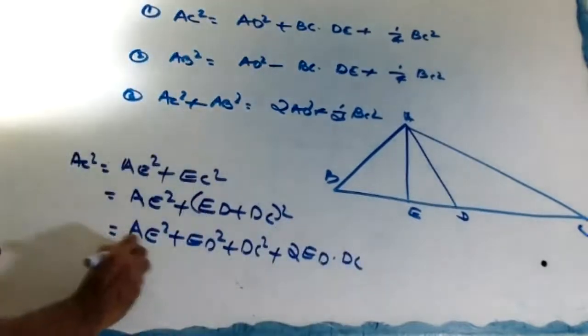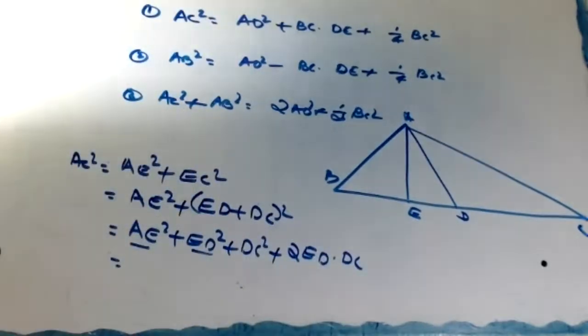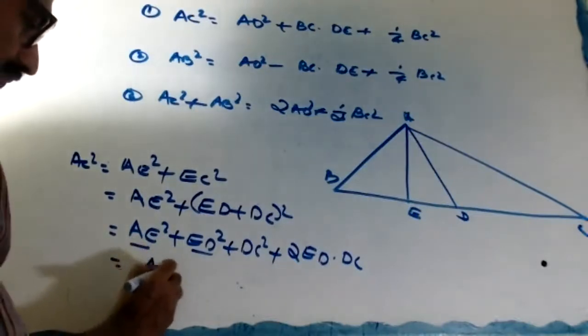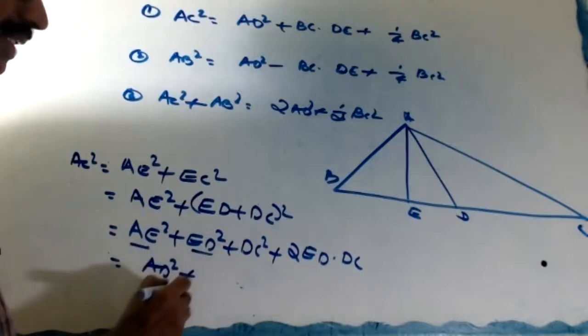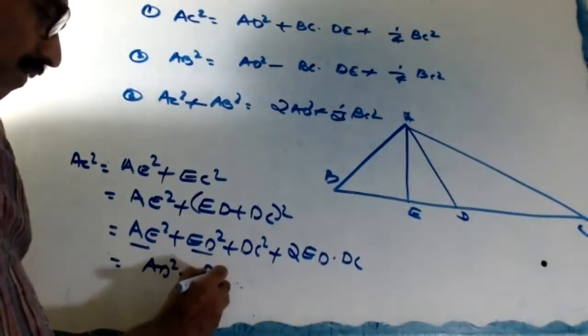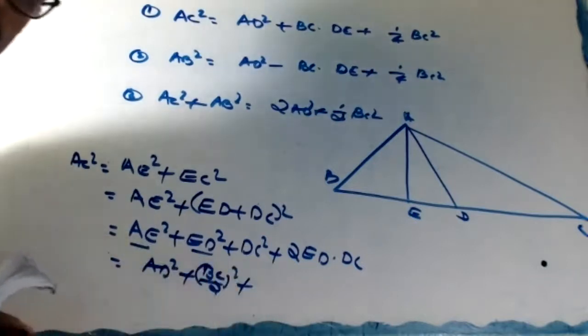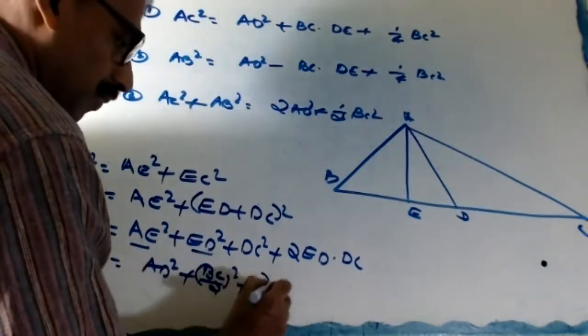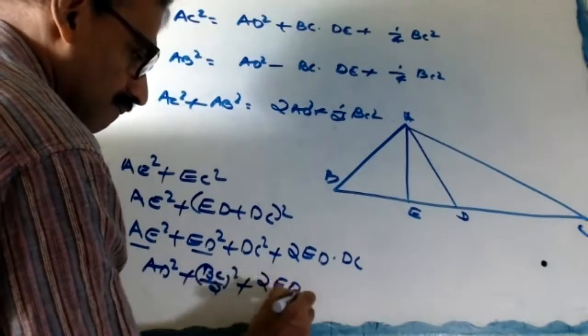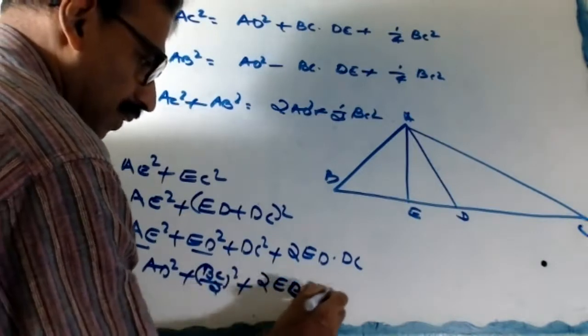That is this one and this one, add. AE square plus ED square is AD square plus DC is BC by 2 whole square plus 2 ED into BC by 2.